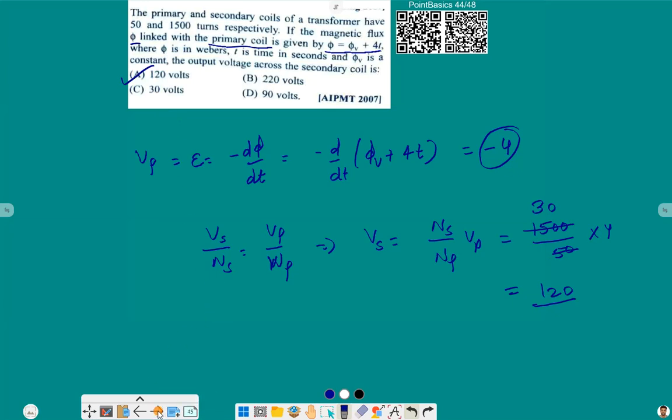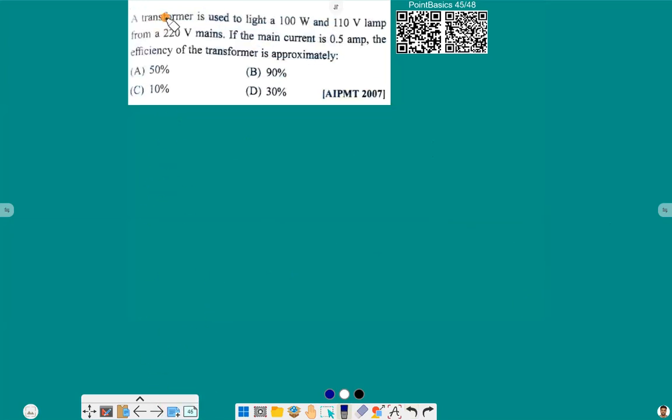Let's move to the next one. A transformer is used to light a 100-watt and 110-volt lamp from 220 mains. If the main current is 0.5 ampere, the efficiency of the transformer is approximately? So we have to find out efficiency of the transformer, and efficiency is output power by input power.